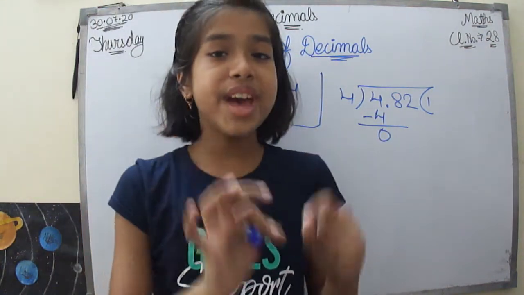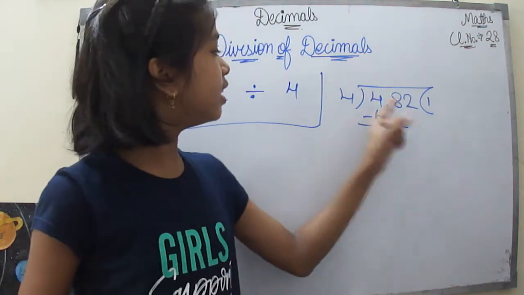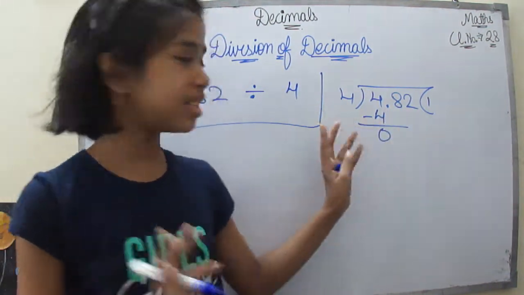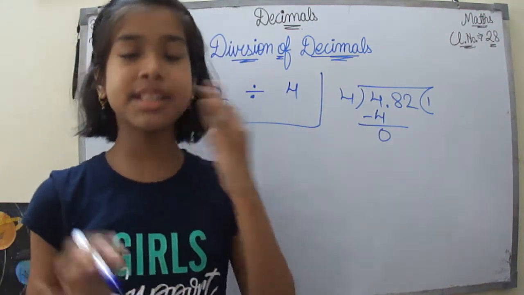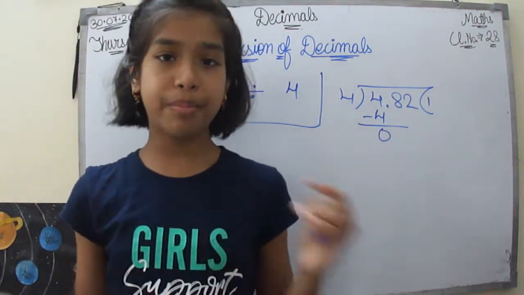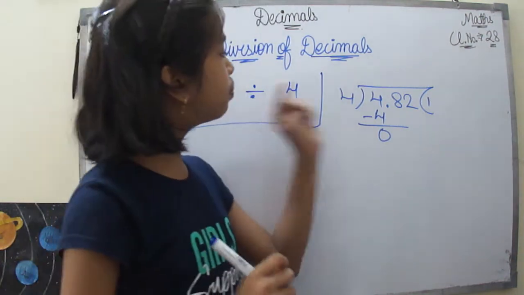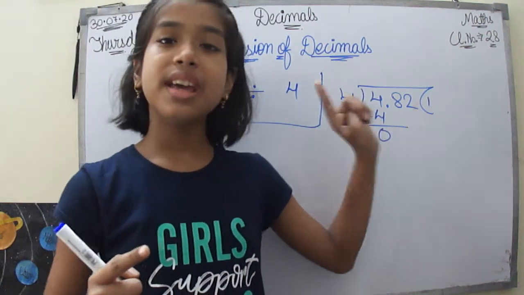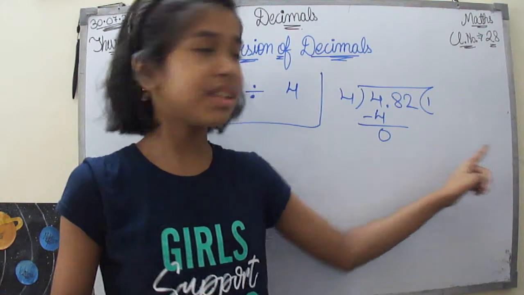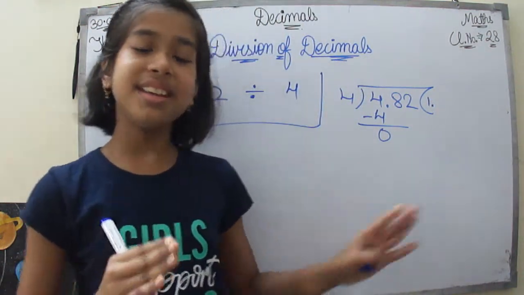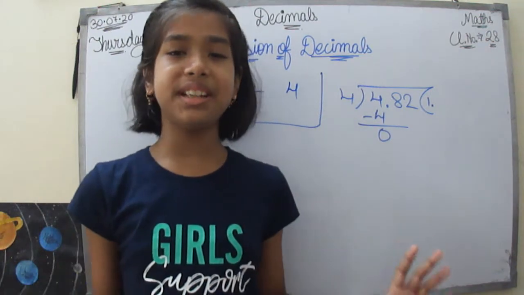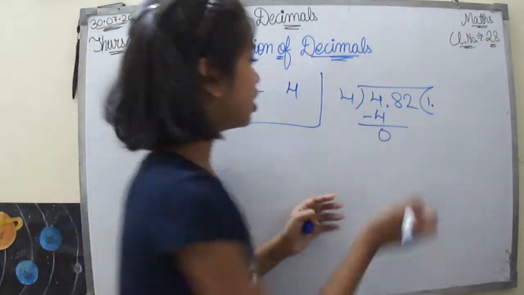Then when you reach the decimal point, as we have just completed the whole number part, you have to put a decimal point in the quotient like this, and then normally divide the 8 and 2. So 4 into 2, 8.